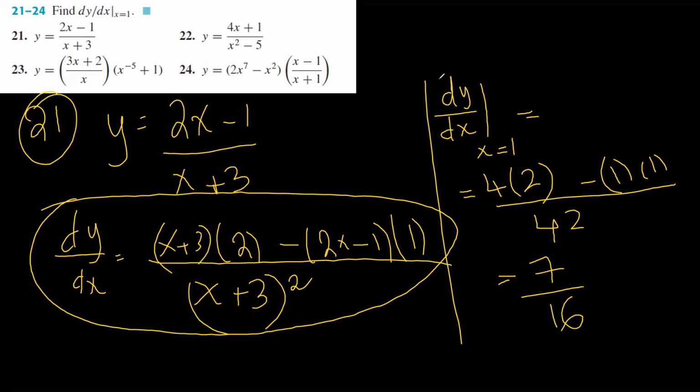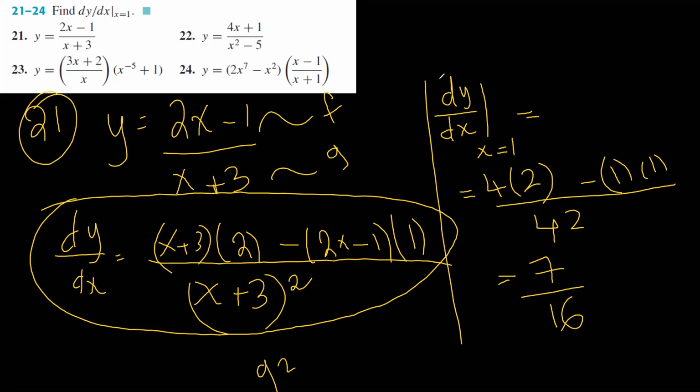Here now, you have to find dy over dx when x equals 1. The first step, you find the derivative dy over dx. We say that it is g squared, we have to put it down, then g times f prime minus f times g prime. Here is f, and here is g. G I put down as g squared, as we said.